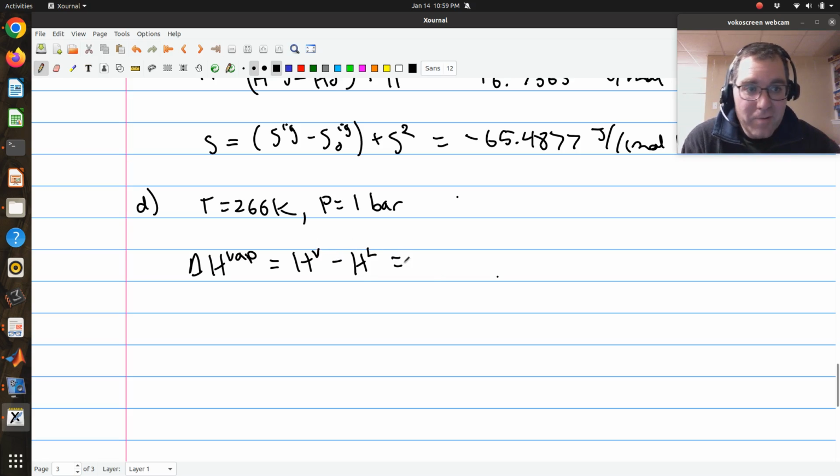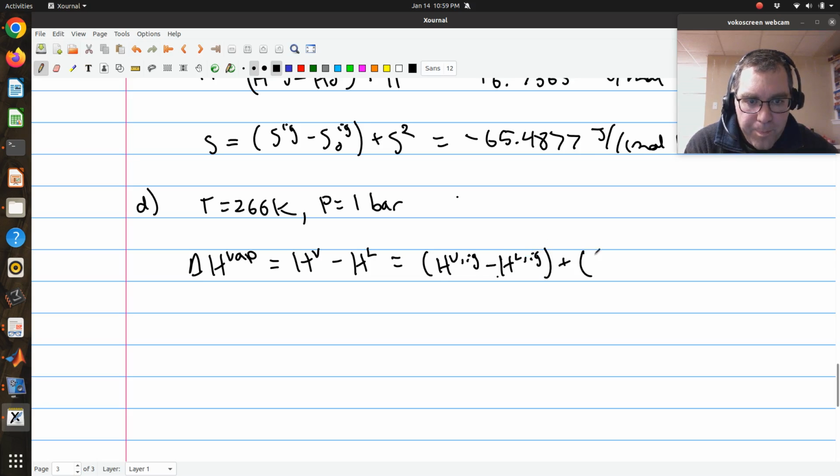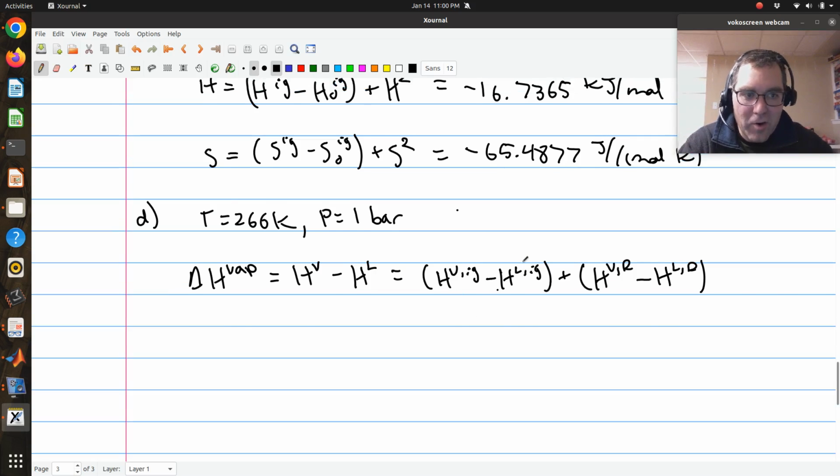Well, I can write that difference as a sum of an ideal gas and residual contribution. So that'd be HV ideal gas minus HL ideal gas plus HV residual minus HL residual. Now the key is when I have this liquid phase and this vapor phase, they're going to be at the same temperature and pressure.